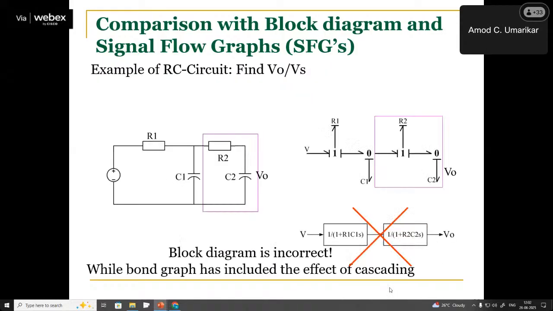Now if you add one more stage, is it simply a multiplication for the block diagram? While in the bond graph, you simply add one more stage. So it takes care of the addition in the system automatically.